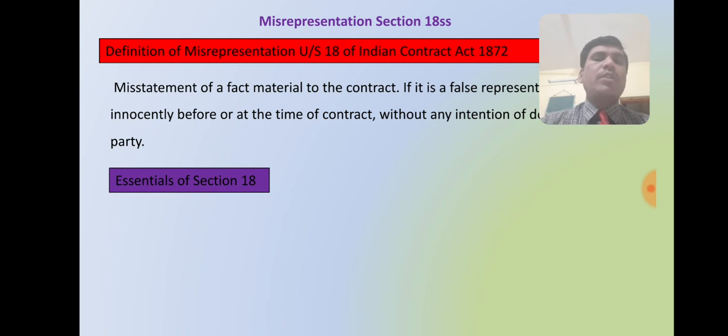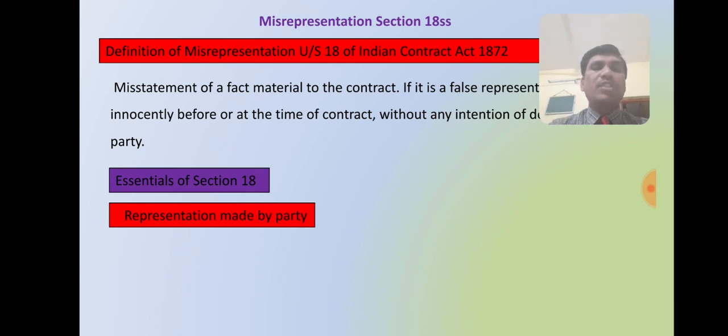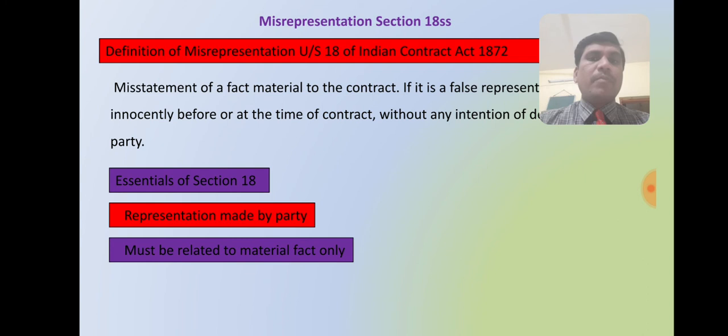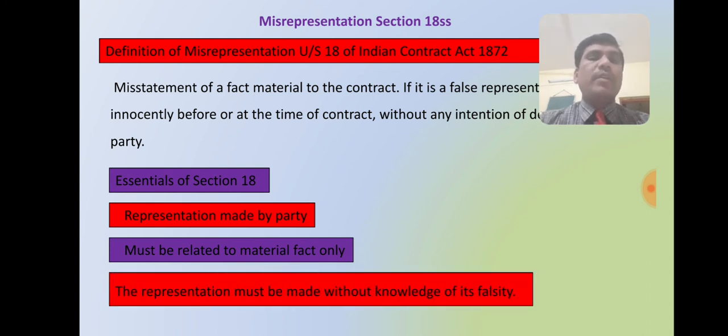So friends, the basic difference between sections 17 and 18, that is fraud and misrepresentation, is that under fraud the party has intention to deceive, whereas in case of misrepresentation the party doesn't have intention to deceive the other party. So the essential requirements of section 18 are: representation made by a party; such representation must be related to a material fact only; representation must be made without knowledge of its falsity.